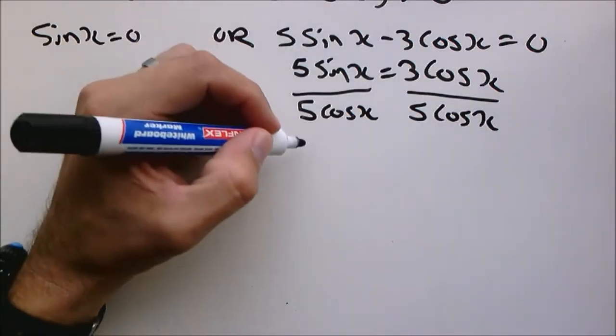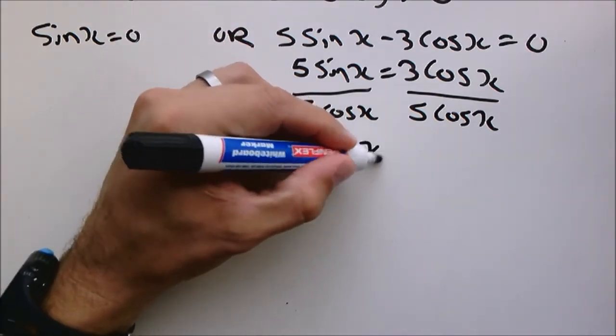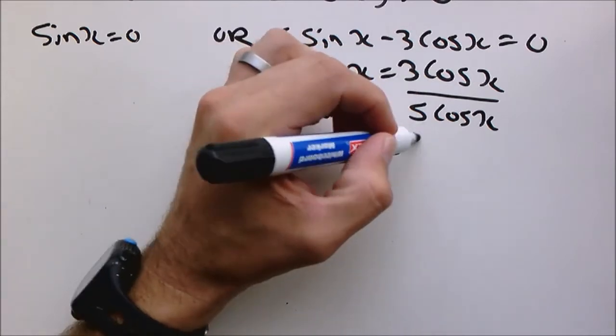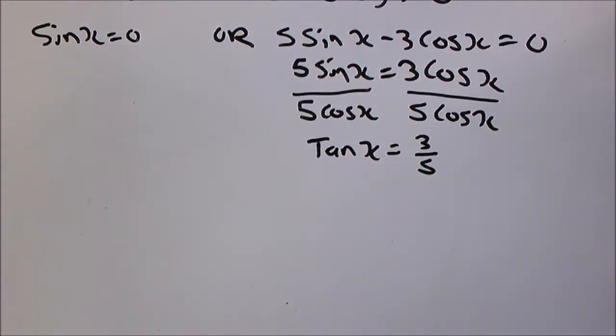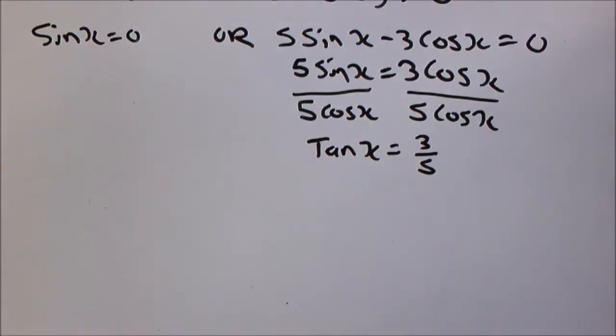And then on the left hand side we will end up with tan x. On the right hand side we will end up with 3 over 5. So now we're at a place to get to the reference angle, the CAST diagram, everything like we always used to do it. So let's start with the left hand side.